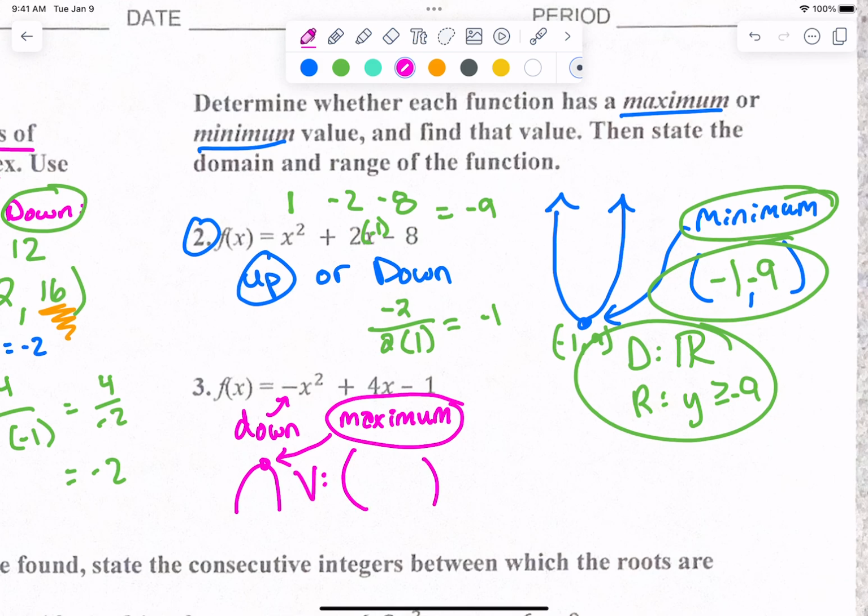I think I'm right. We don't have to grab this one. No. That doesn't work. Tell me. Oh, never mind.